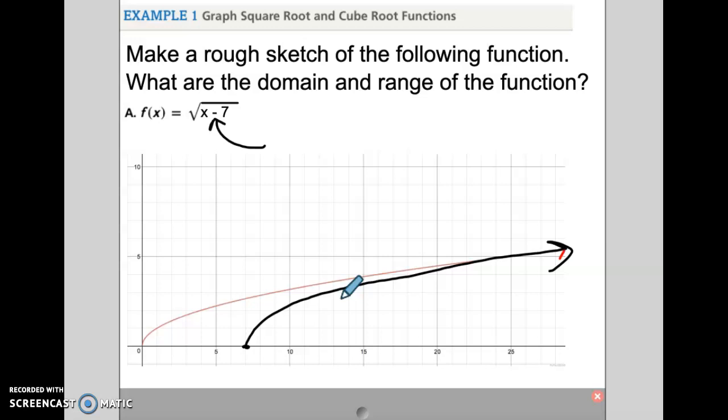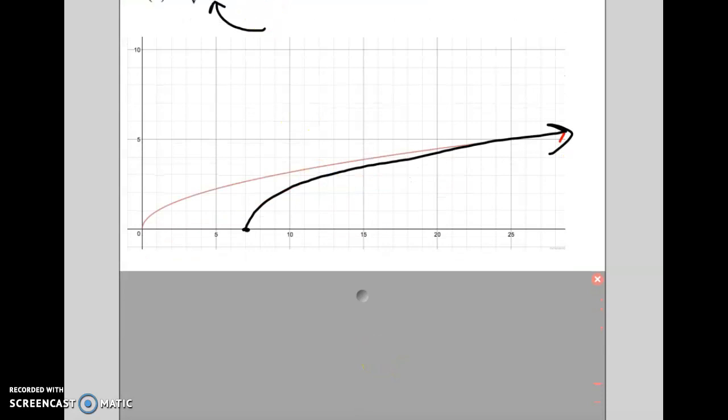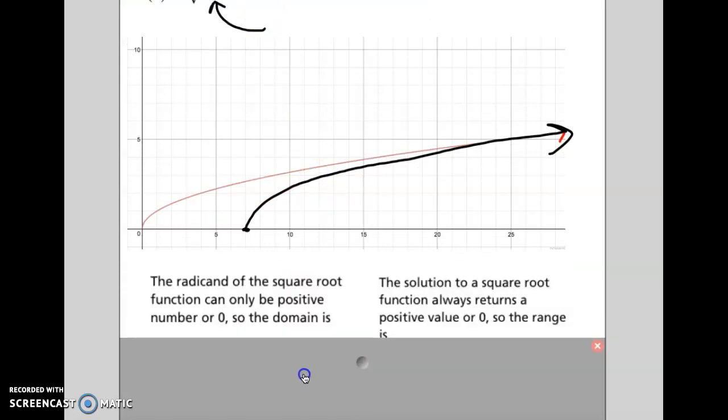So let's talk about the domain and range. So we should remember domain is about all of the x values, right? So all of the possible x values. Notice it starts right here. We're going to base it off the black one that we just drew. It starts right here. So what's the smallest possible x value that will be used on this radical shaped graph? 7, right?